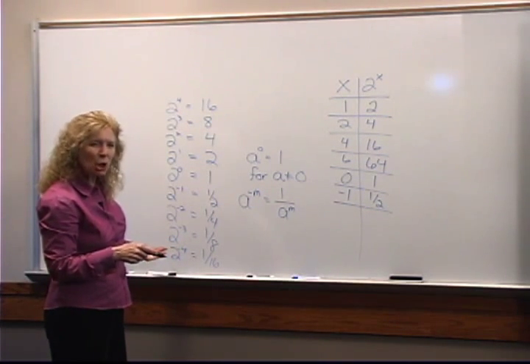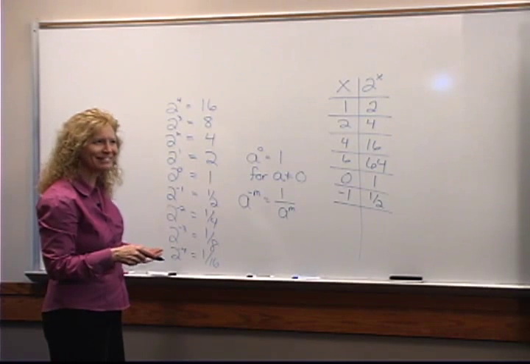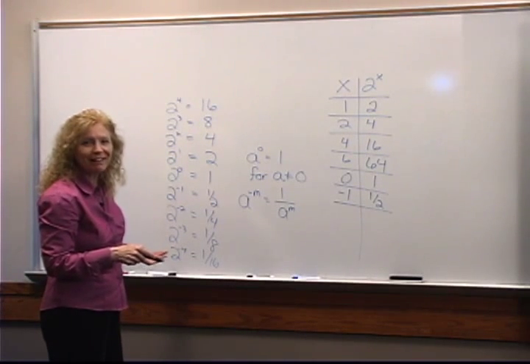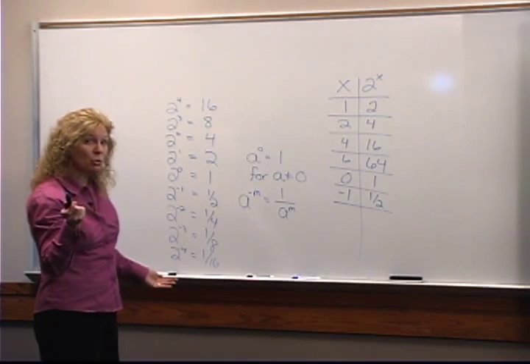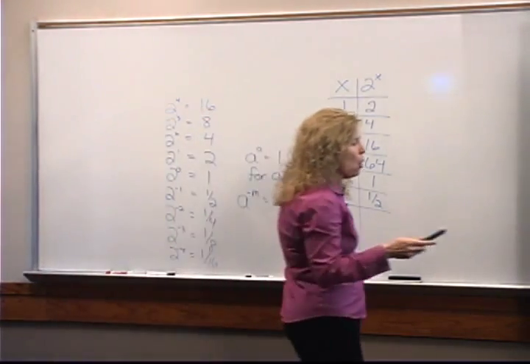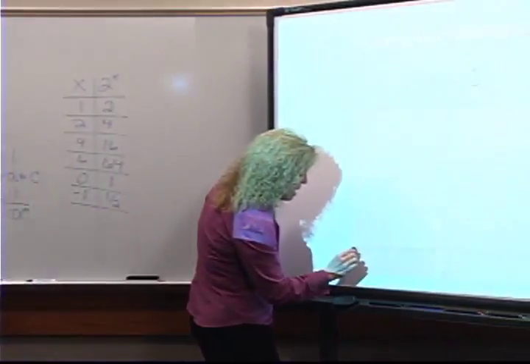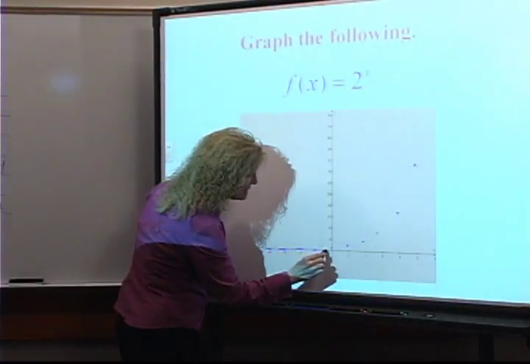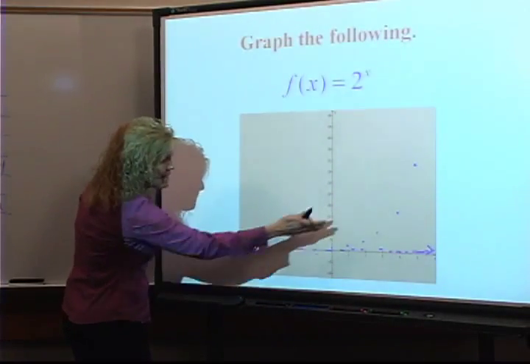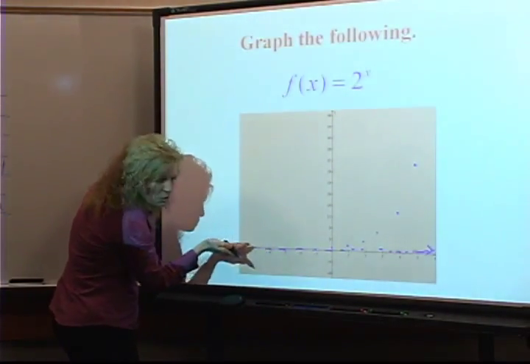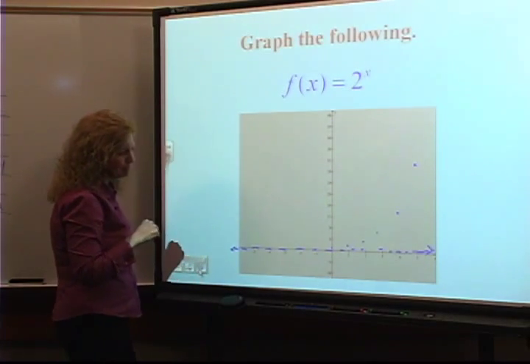What does daggum close make you think about? Besides my lack of good English skills. How about asymptote? Yeah. We have the idea of this x-axis being an asymptote because this curve is going to come down and get real close to it, but never touch it.